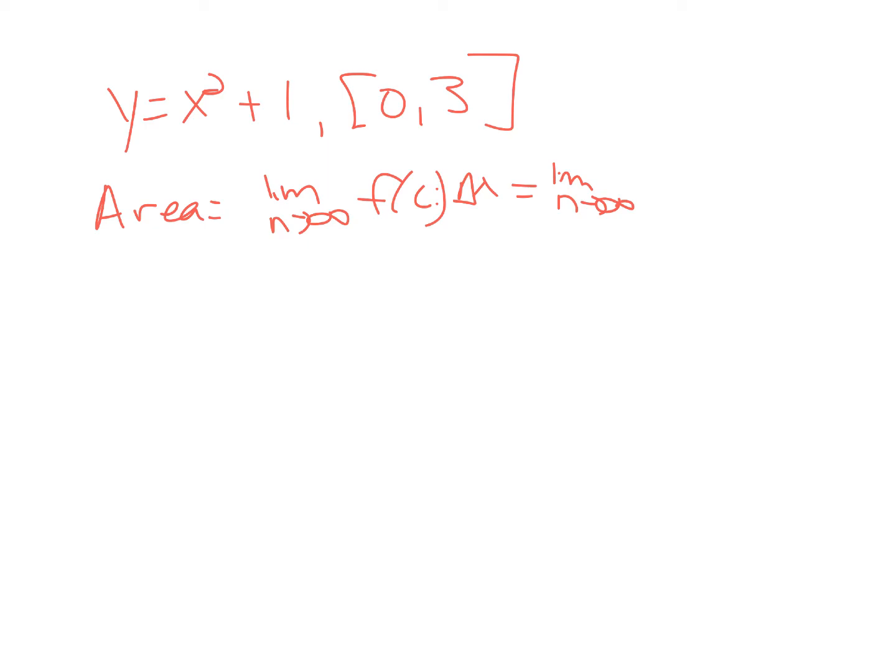Now, normally we will make our f of c_i, where the x input will normally be i over n, okay? So when we do this, I'm going to basically substitute i over n in for x. And what's our change in x? Our change in x is going to be also i over n.